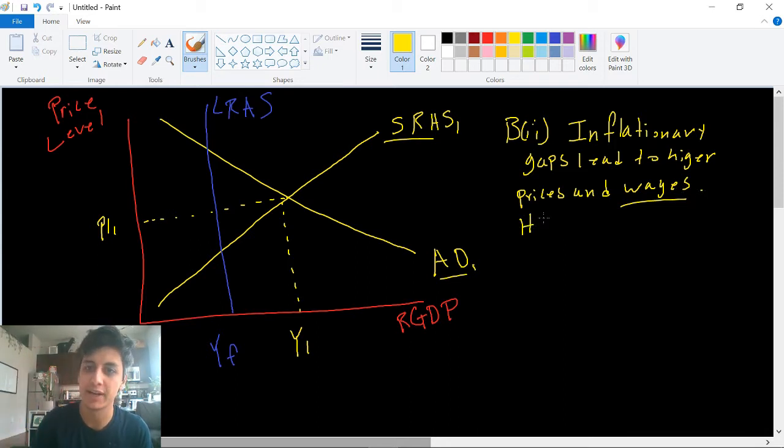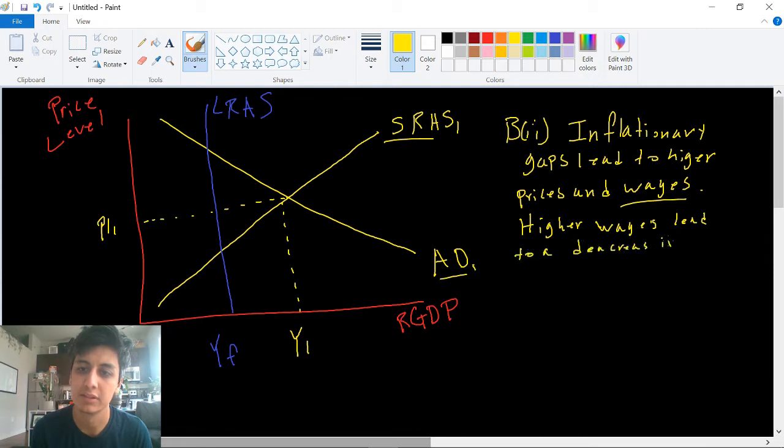It's a chain reaction. Wages lead to a decrease in the short run aggregate supply.